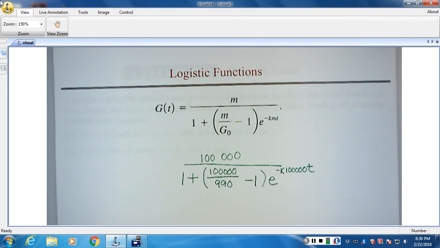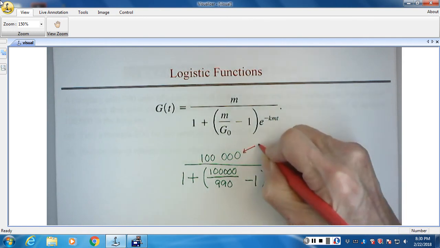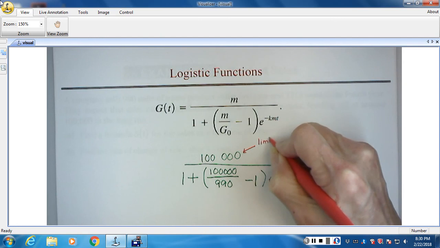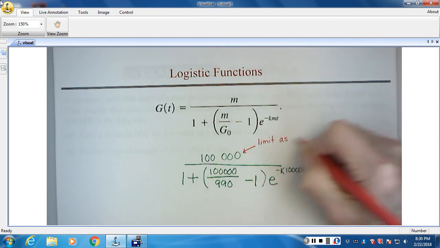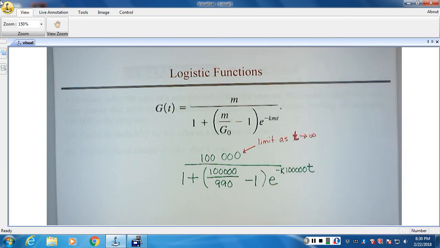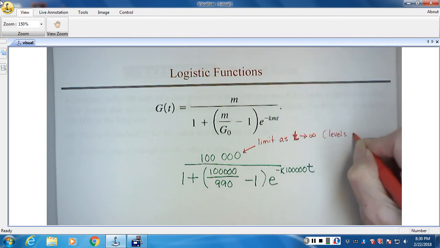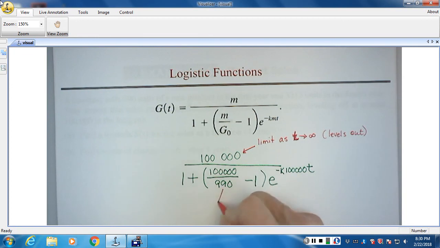So I'm going to label a few things for you. I said X, but it should be T, as T approaches infinity. That's the long-term limit. That's where they expect it to level out. This is called the initial value.